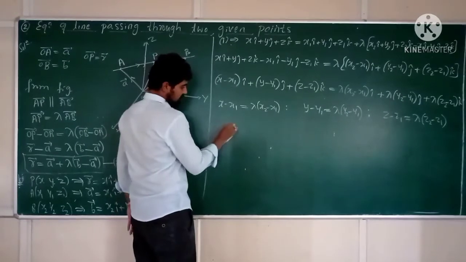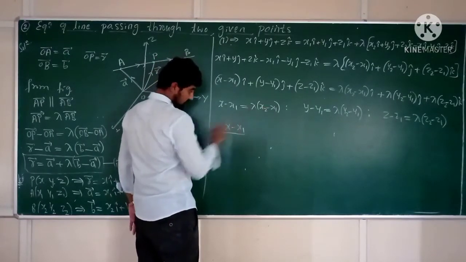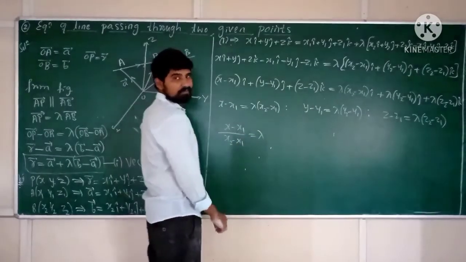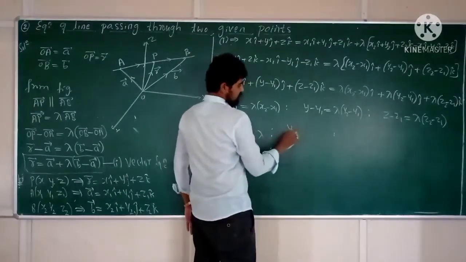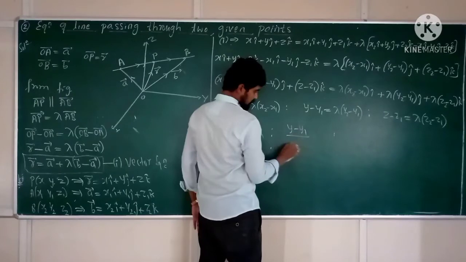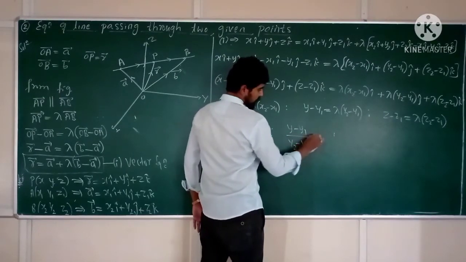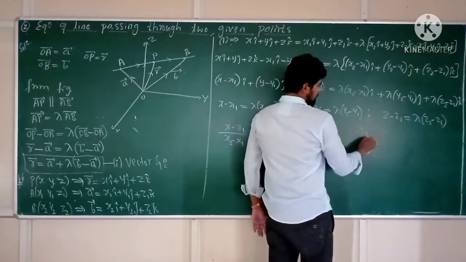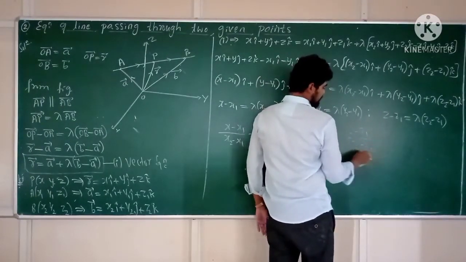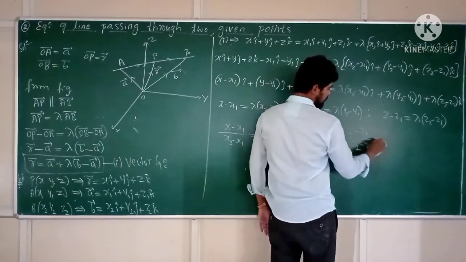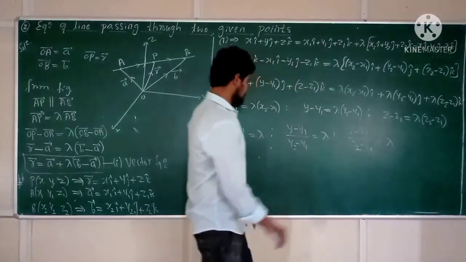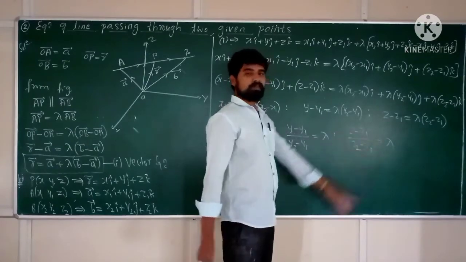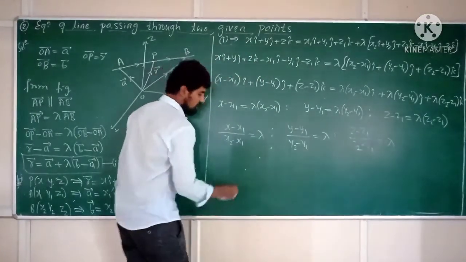So this can be written as x minus x1 divided by x2 minus x1 is equal to lambda, and here y minus y1 divided by y2 minus y1 is equal to lambda, and here z minus z1 divided by z2 minus z1 is equal to lambda. So here these three quantities are equal to lambda. It means all these quantities are equal to each other.